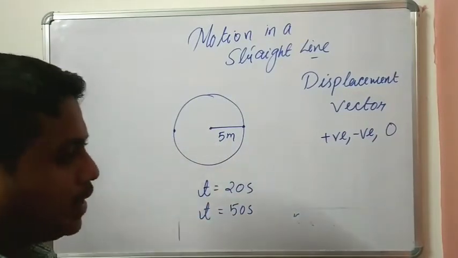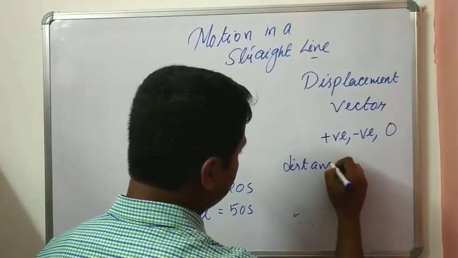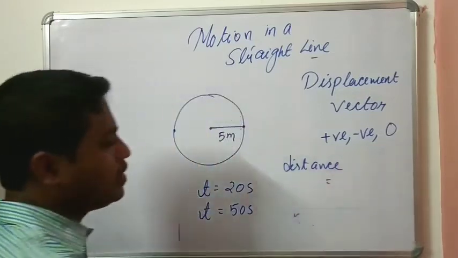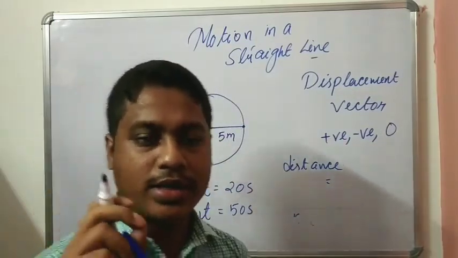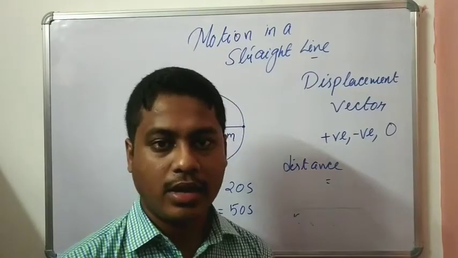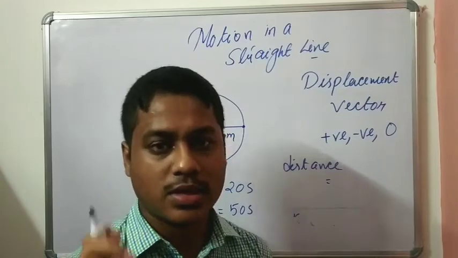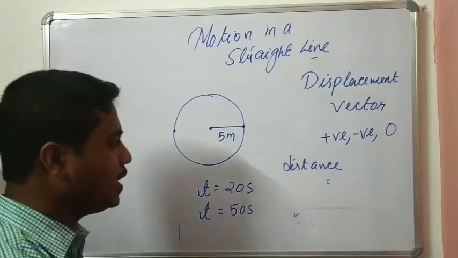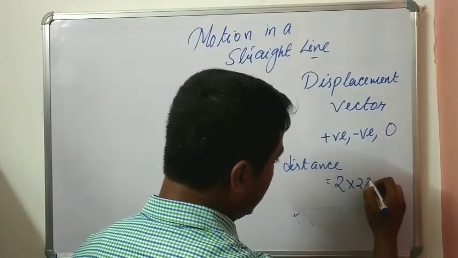So how much distance will it be? Remember, when we calculate distance in a circle, it is always considered as the circumference of the circle. He has completed two circles, so it will be 2 into 2 pi r.